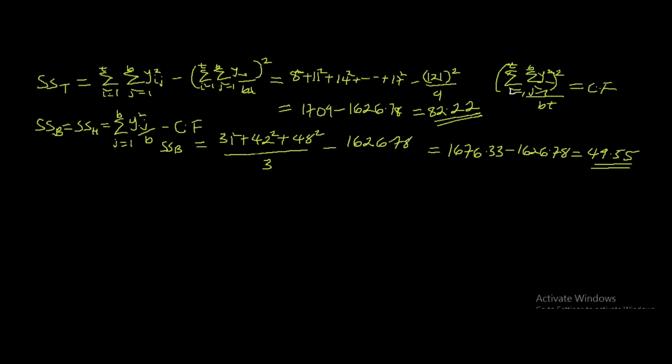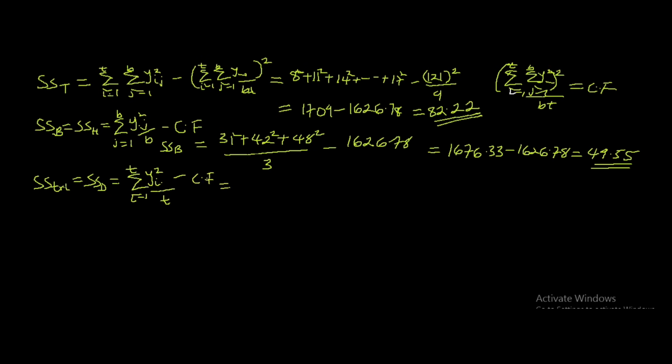So quickly, let's go to our SS treatment, which is the same thing as SS drug. The formula for this is going to be the summation from I from 1 to t of y I dot squared divided by b, minus CF.